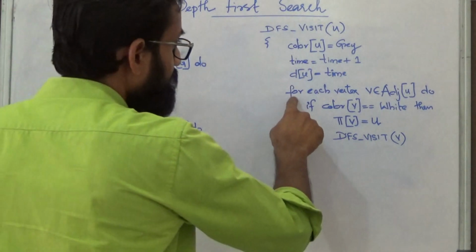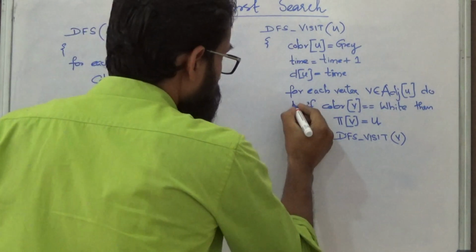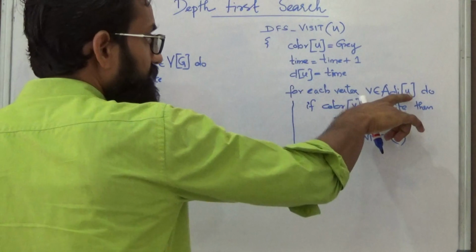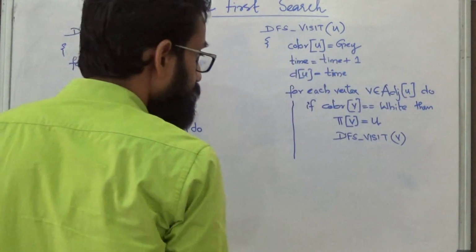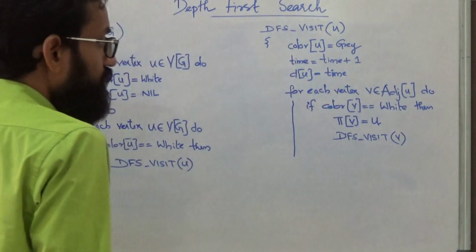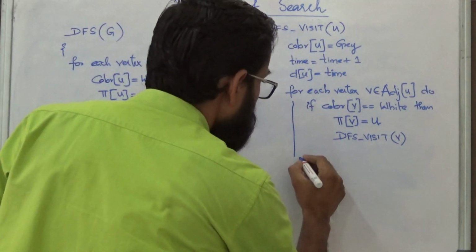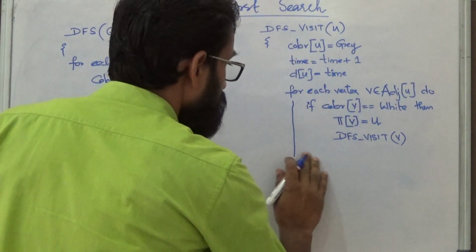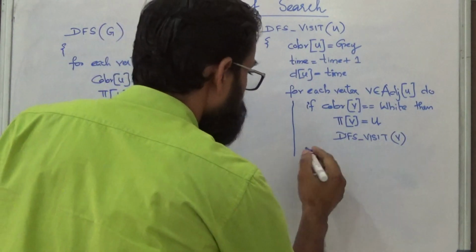Now once after visiting or discovering all the vertices that are reachable from u, you have to increment time by 1. So before that you can finish that now.